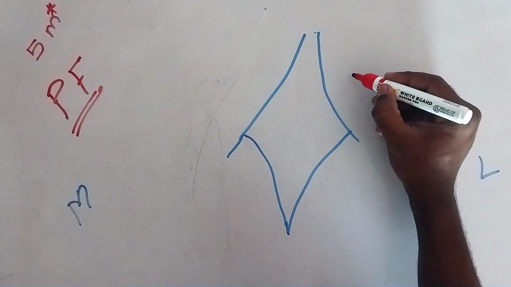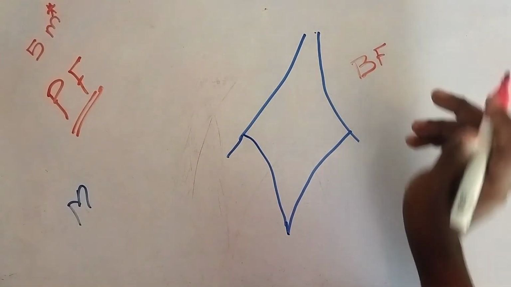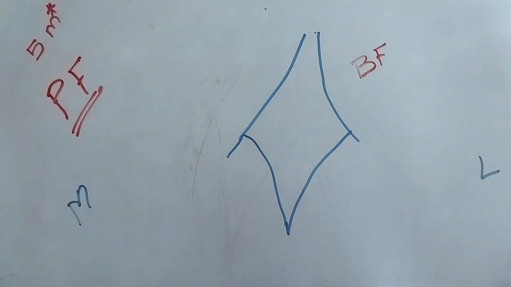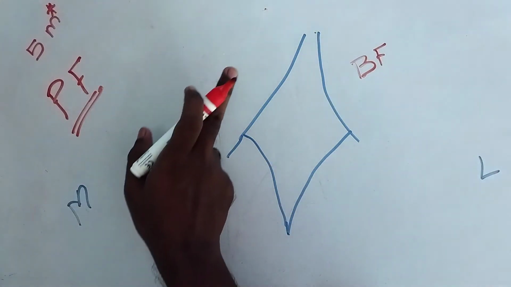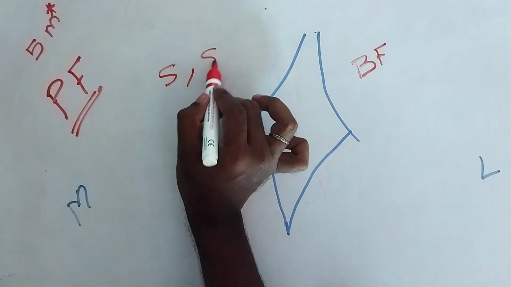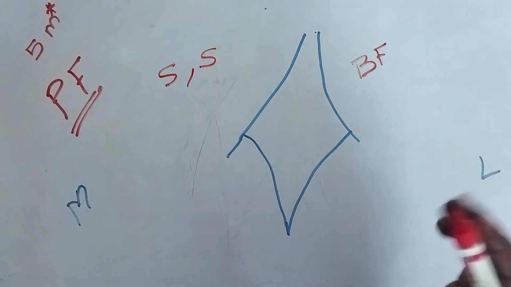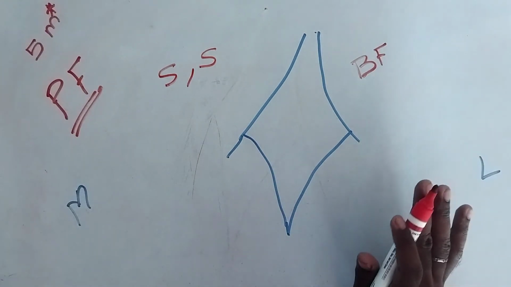At the superolateral side we can see the biceps femoris muscle, and at the superomedial side we can see semitendinosus and semimembranosus muscles, supplemented by gracilis, sartorius and adductor magnus muscles.